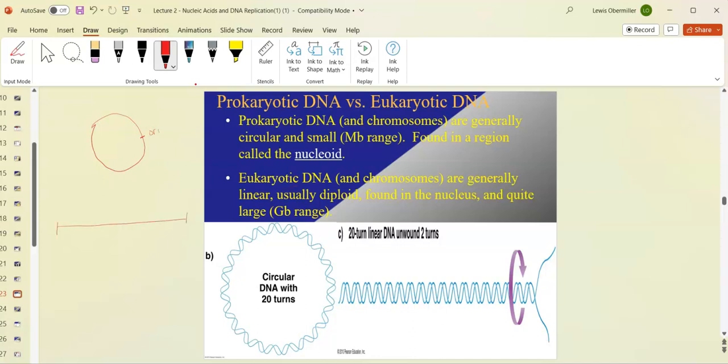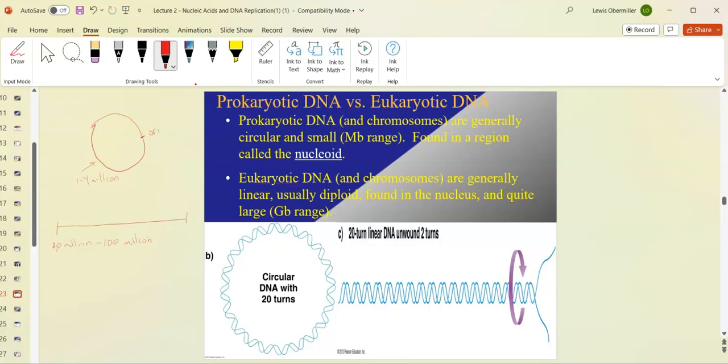So this is measured in maybe 1 to 4 million nucleotides, whereas eukaryotic chromosomes are generally, let's just say, in the 20 to 100 million nucleotide range.